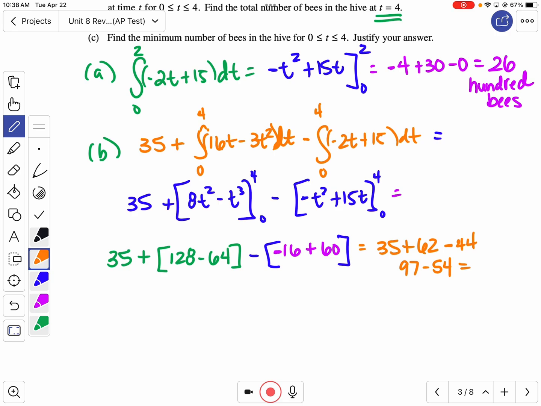Did I do that right? 16 times 8. Okay. Negative 16. 60. 44. Yeah. Okay. That's 797. Oh, minus 44. It helps if I can read my own writing.